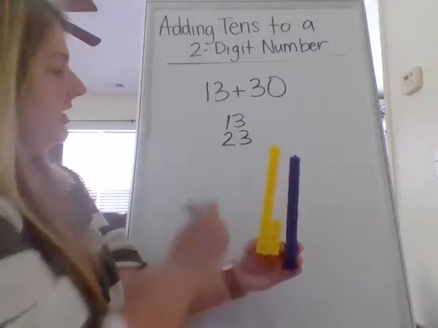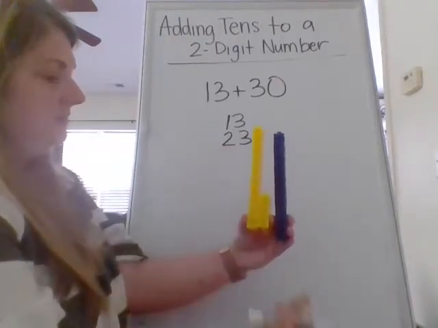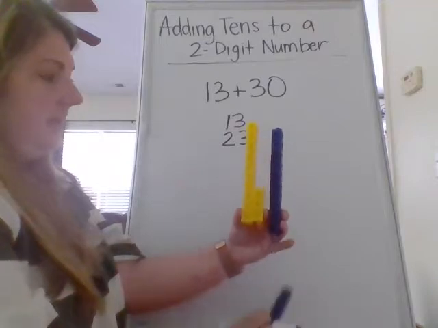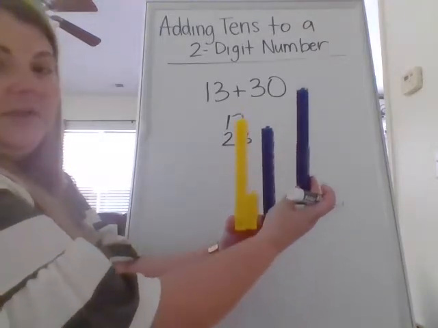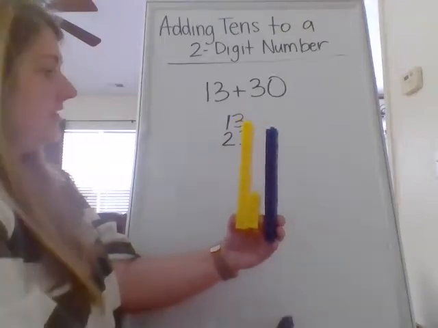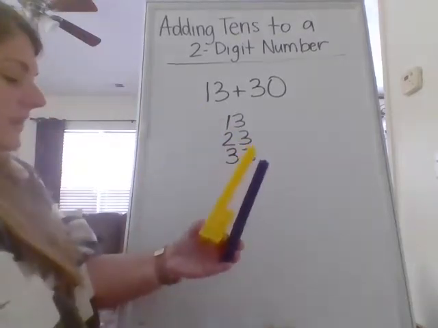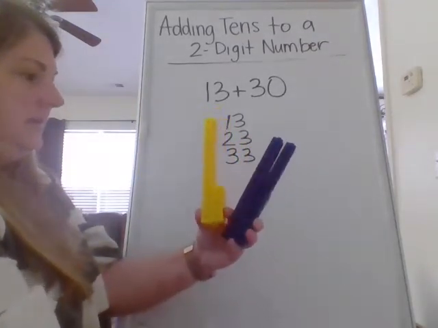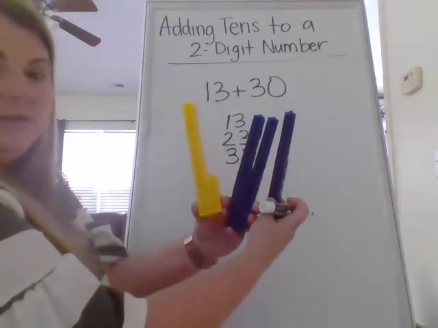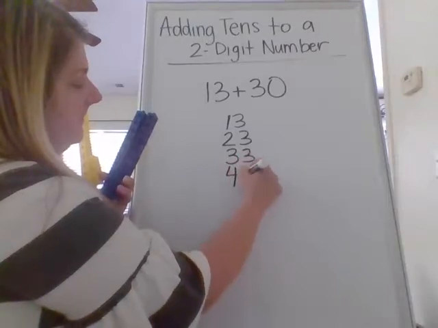Okay, now be watching your digits in your tens place. And now let's add another 10. We went from 23 to 33. Now let's add another 10. And we have 43.